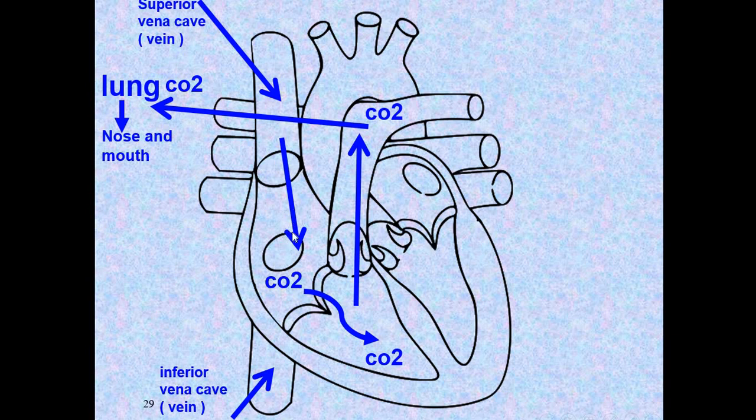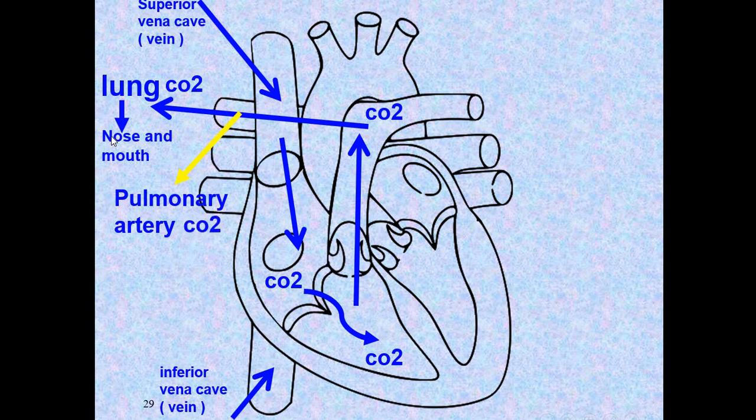From the right atrium it passes to the right ventricle, and then the right ventricle will pump all the blood to the pulmonary artery, and the pulmonary artery will give it to the lung to get rid of the carbon dioxide through the nose and mouth. Okay, and this is the pulmonary artery, which contains carbon dioxide.